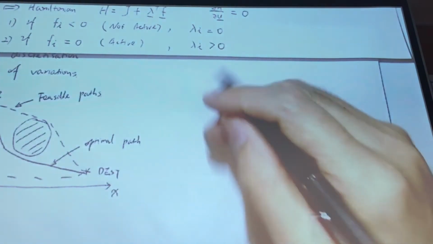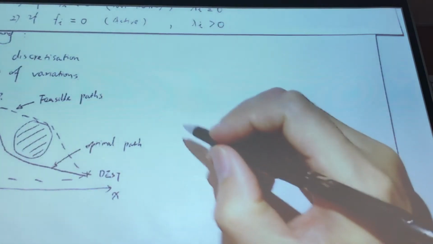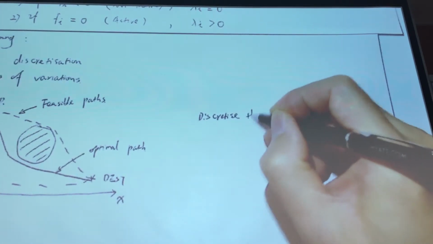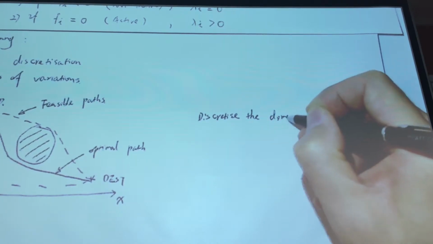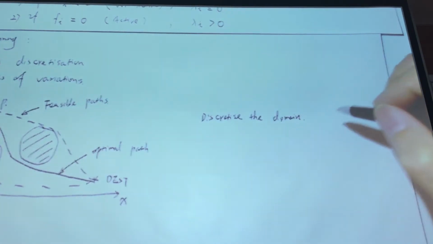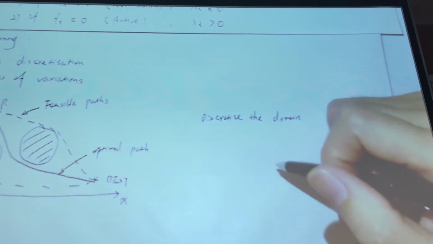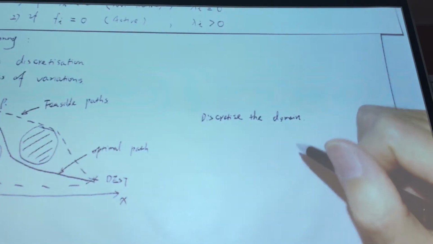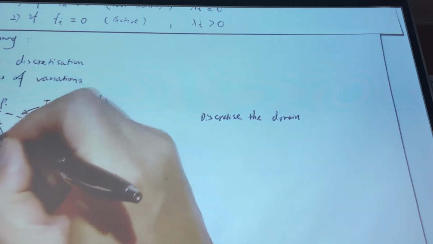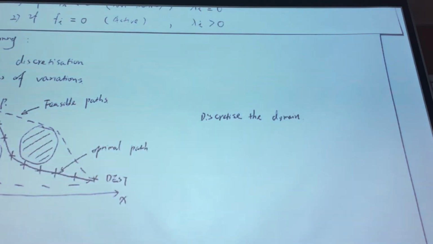The idea of the technique is to discretize the domain, so that we can solve the optimal control problem at each point. For example, we can discretize the space like this.